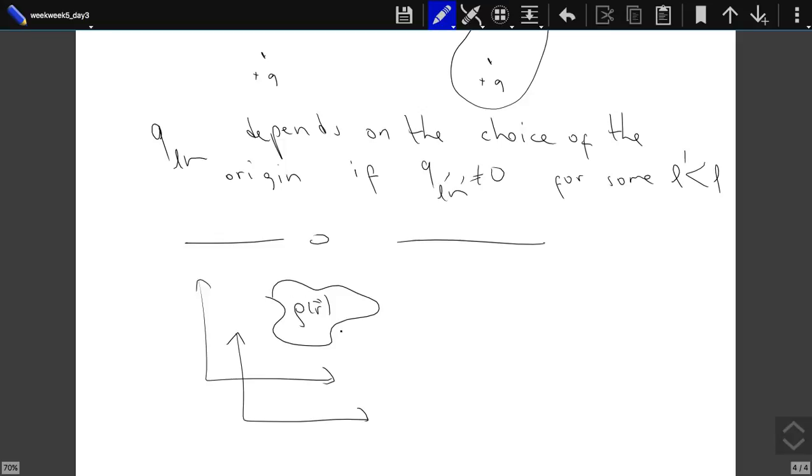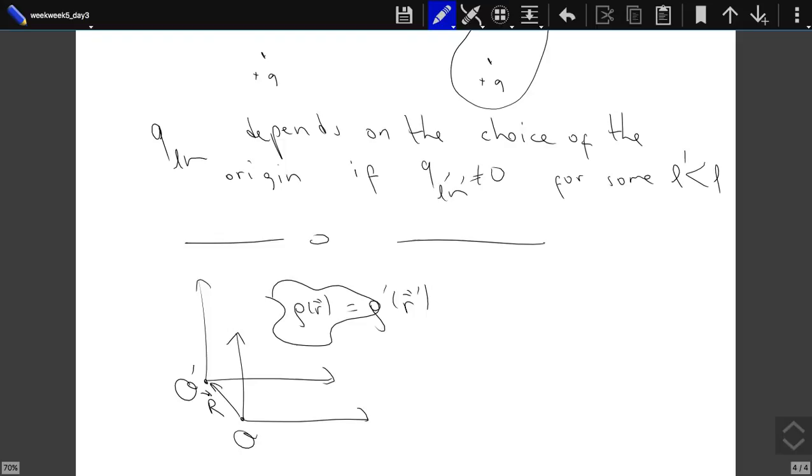So of course the functional form of the charge density will be slightly different. Let's say this is the coordinate axis O. The other one is O prime.